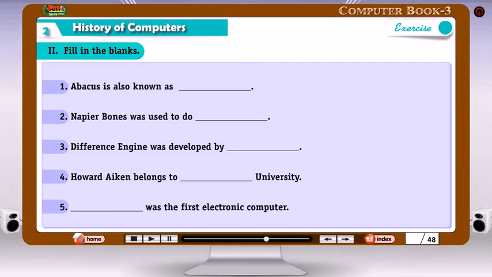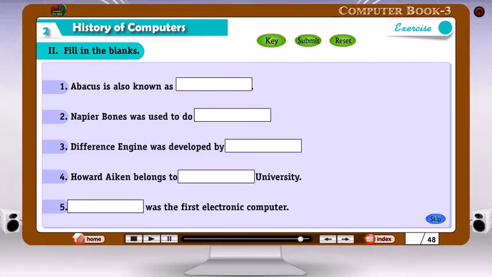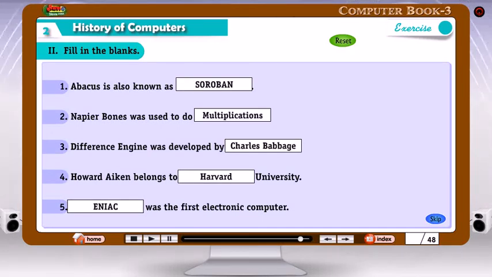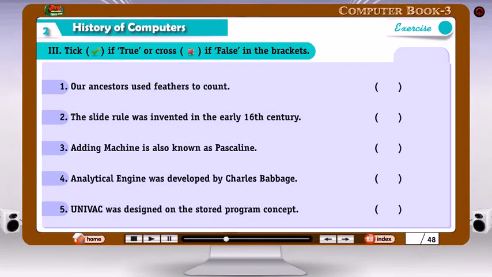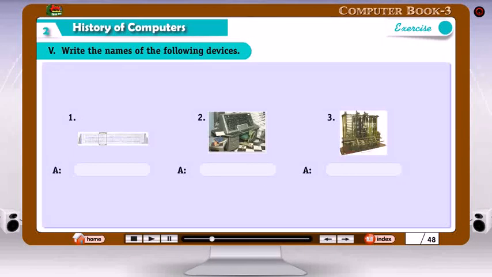Fill in the blanks. 3. Tick if true or cross if false in the brackets. 5. Write the names of the following devices.